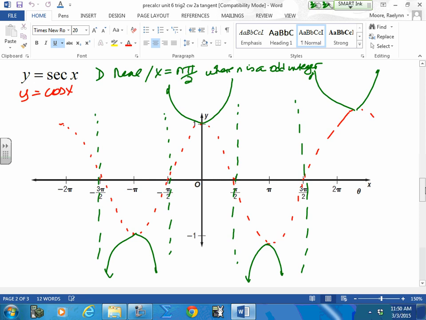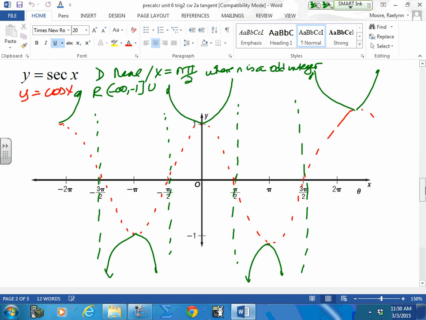Now, on these guys, your range is exactly the opposite of your sine. Your sine went from negative 1 to 1. Your secant and your cosecant go completely the opposite. They go from negative infinity and stop at negative 1.